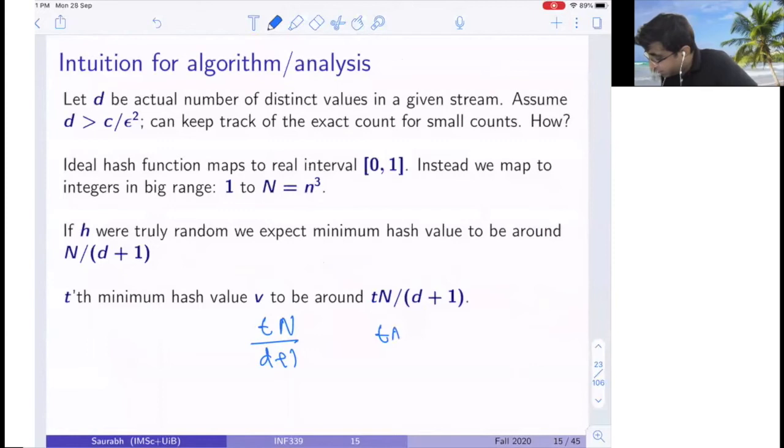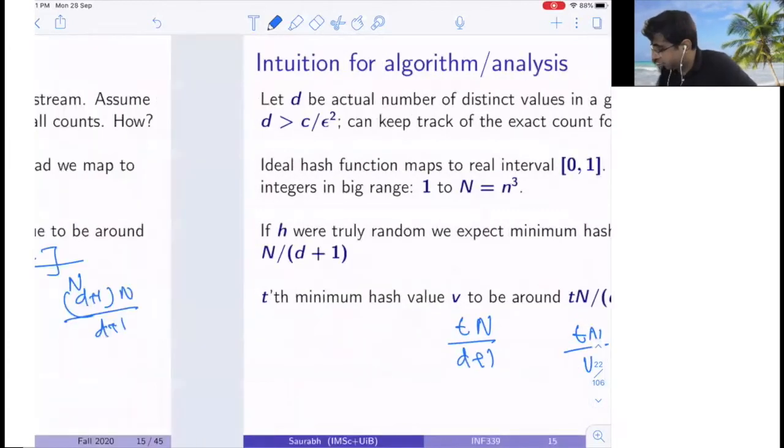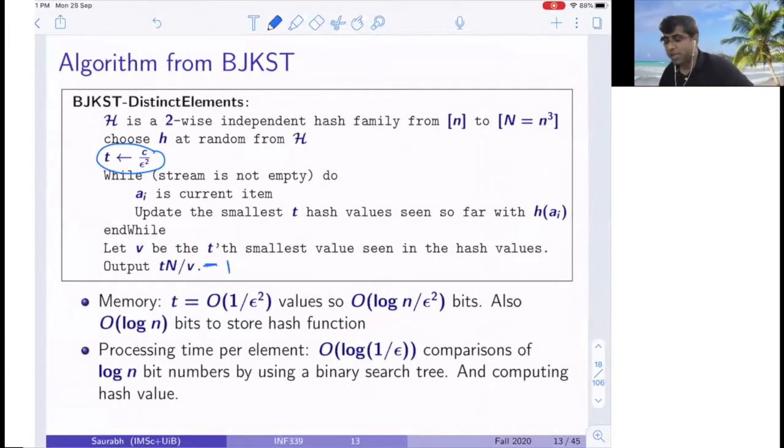So what did we return? tn by V, which is tn by tn over d plus 1, times t plus 1. So this is perfectly fine. We should have just written minus 1 here, but since the number of distinct values is far too large compared to when it is small, the minus 1 wouldn't matter if we are looking for a 1 plus or minus epsilon approximation.